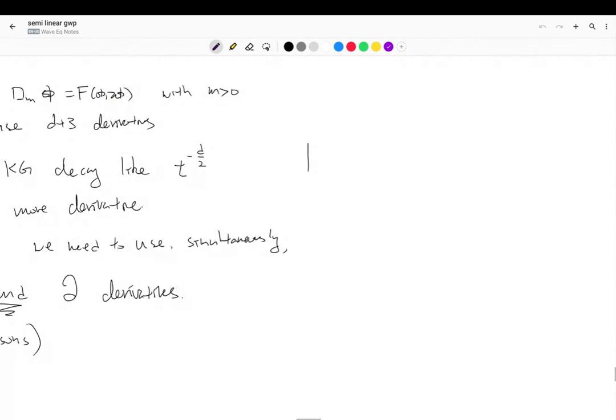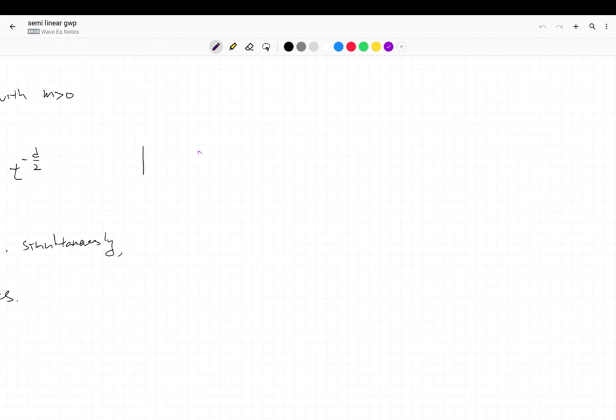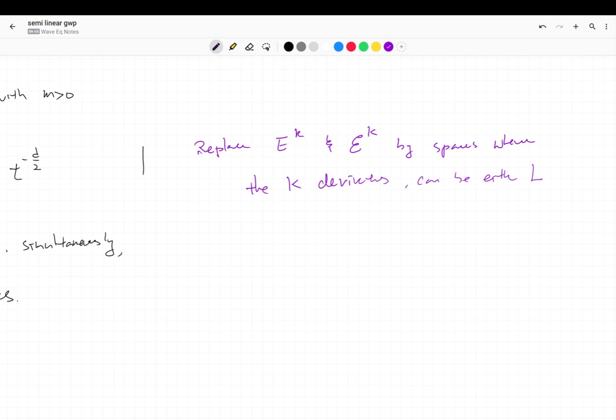So in other words, what we need to do is replace E_K and E_K by spaces where the K derivatives can be either a Lorentz boost L or a partial differential operator. So we're going to allow something like L, L, partial, partial, L, partial, L acting on phi.